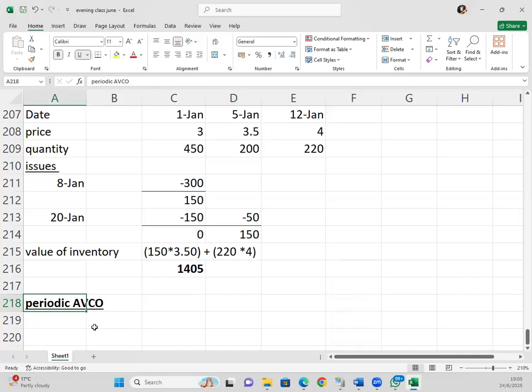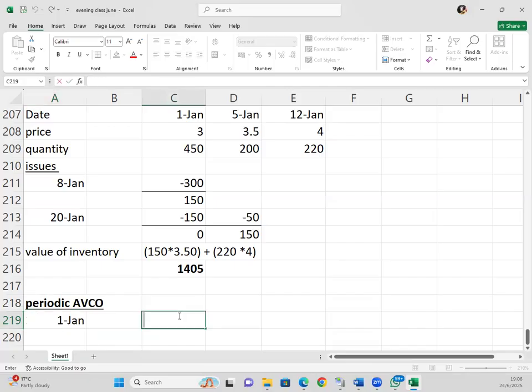So for the periodic AFCO, what you first of all need to do is, the same way, we start with the purchases. So the first date of purchases, you just take the date of opening stock, which is 1 January. How many units did we buy? You put units this side, then you put the value.